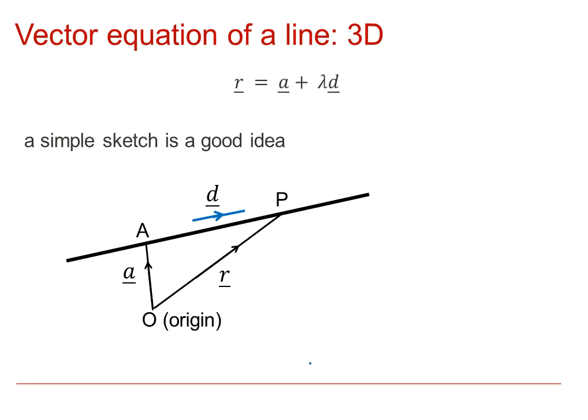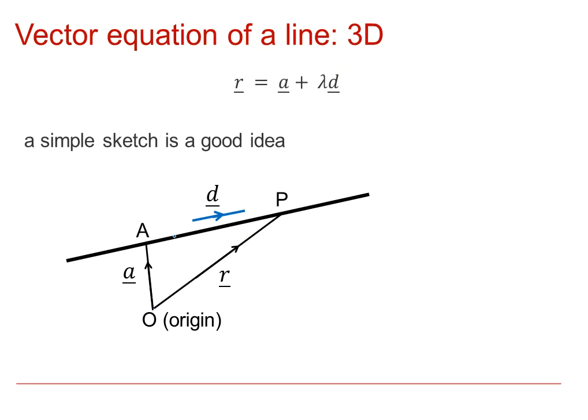So when you're dealing with three-dimensional vectors, it's sometimes a good idea to do a simple sketch to get the idea of what's happening. Your simple sketch can just be a line with an origin, and the things we're looking for are: do we know the given position vector of a point on the line, sometimes called little a?